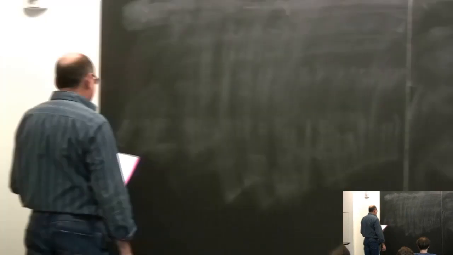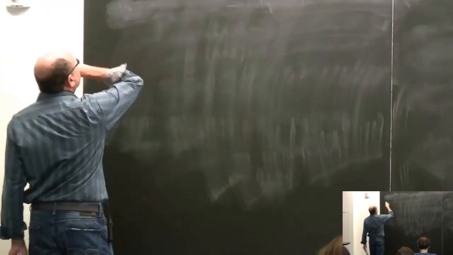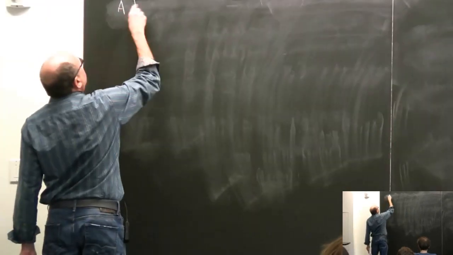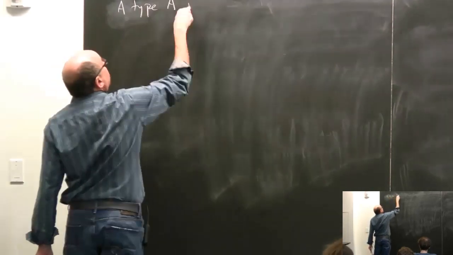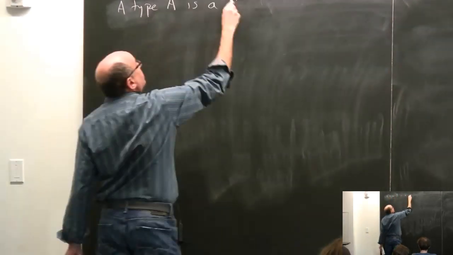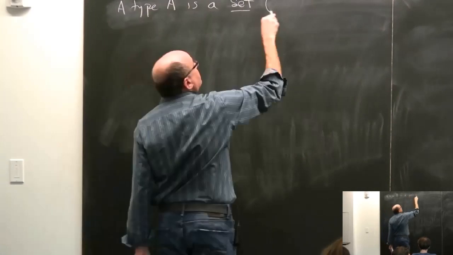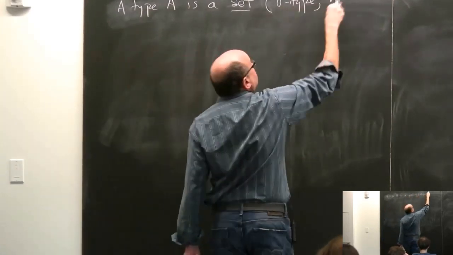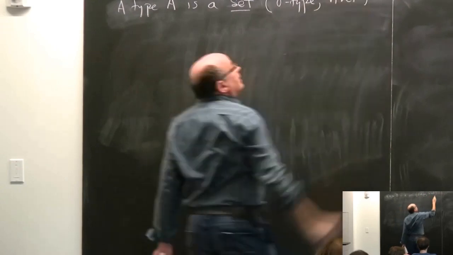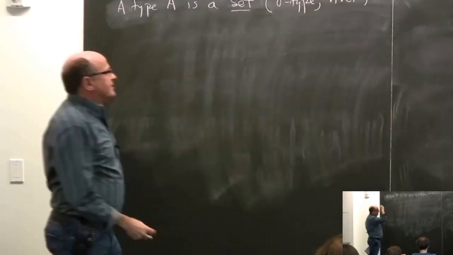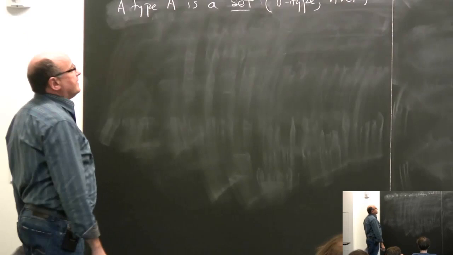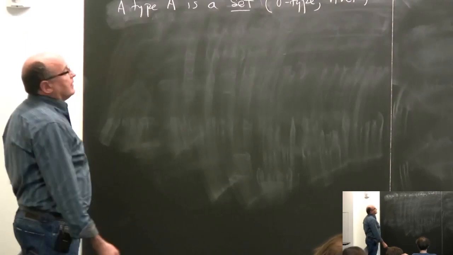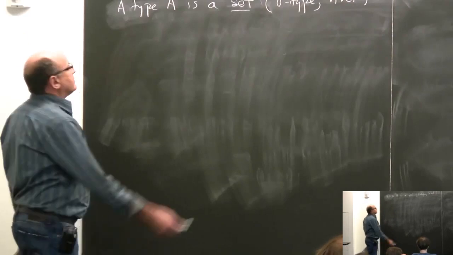Okay, so now what we talked about last time, what we set up, and I want to go through it with you, is the following idea. We said that a type A is a set, which is also called a zero type for reasons that will come up later, or an H set. Sometimes H set is a little better to emphasize that it's homotopically discrete.